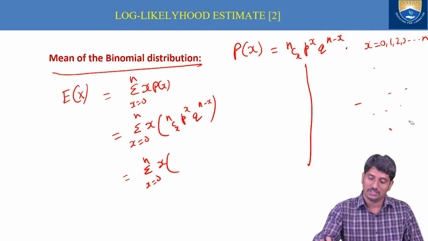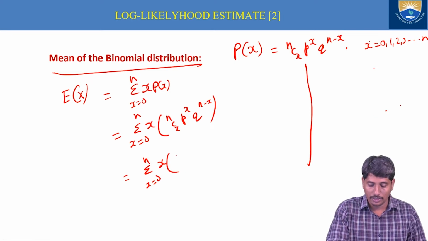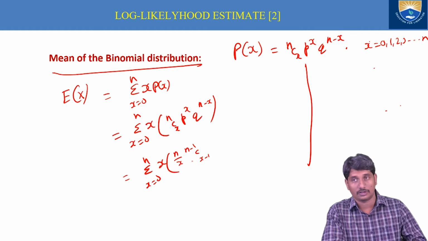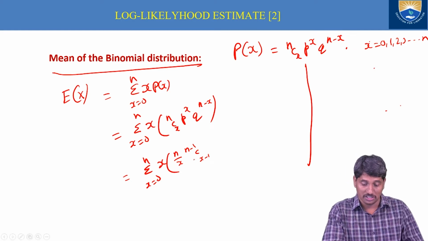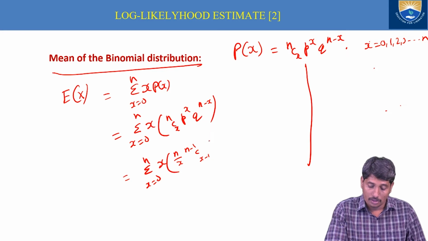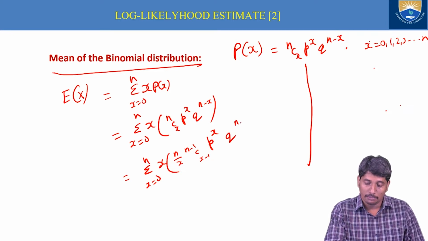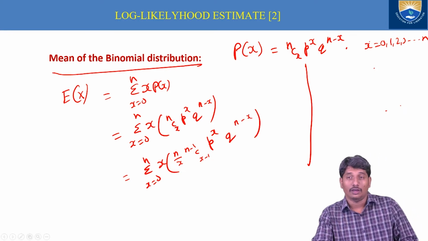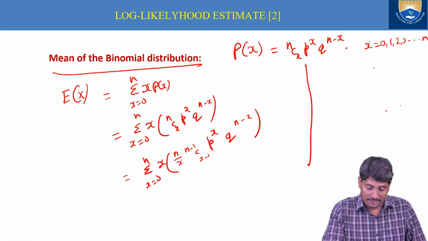So by using this knowledge of the formula, we are going to reduce this ncx by one step, that is n by x into n minus 1 c x minus 1, into p power x q power n minus x. Okay, now we can cancel x.